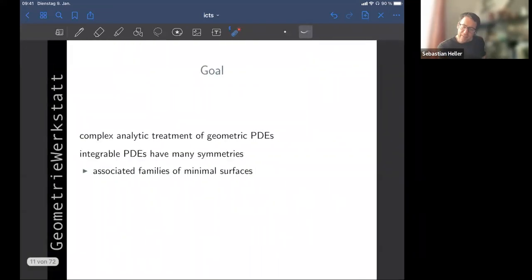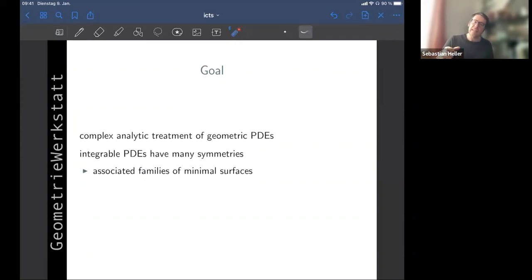In the case of minimal surfaces in free space, there's this well-known construction of the associated family of minimal surfaces, which is obtained by rotating the Hopf differential, basically. Another way of looking at this is the Weierstrass representation. The differential is given by the real part of a holomorphic differential on your surface, and you can of course rotate the complex valued holomorphic differential by a factor of length 1, and doing that gives you the associated family.